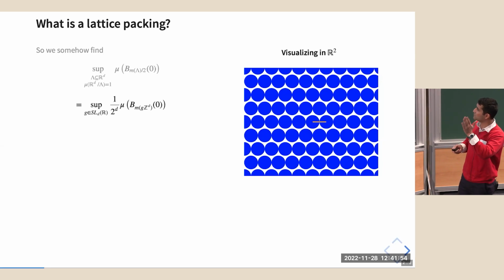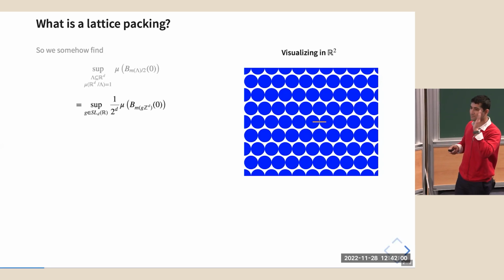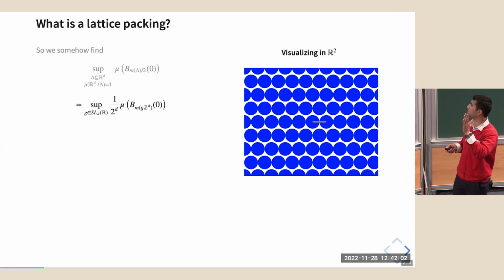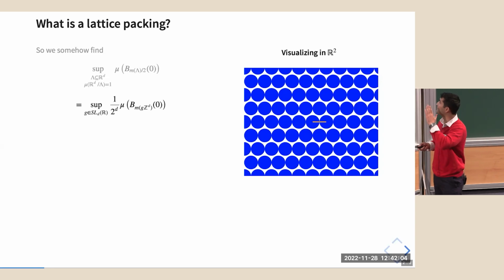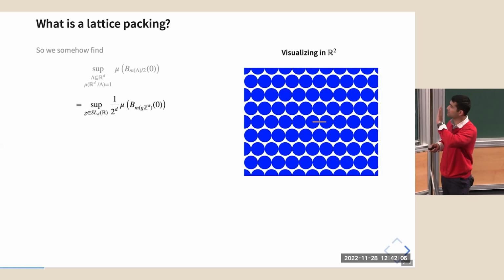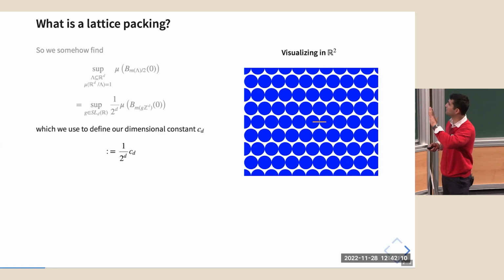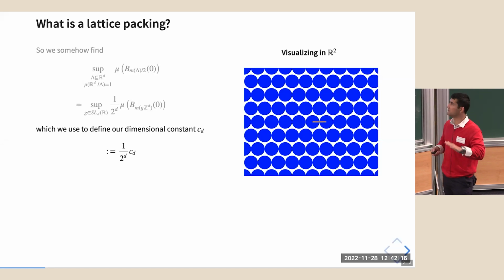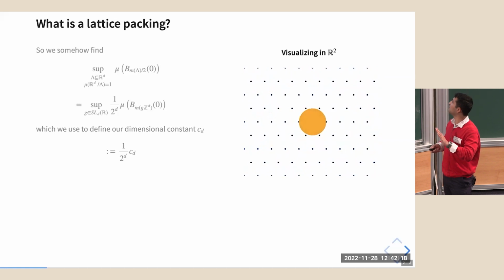And it's very classical. Each such lattice is actually nothing but a linear translate of the cubic lattice Z to the power D. In here, it's some translate of Z square inside R square. And you can use this to define a dimensional constant C_D, which depends only on the dimension. So what is C_D?